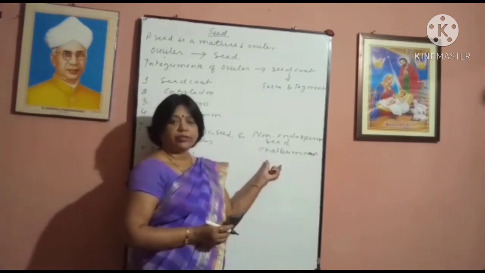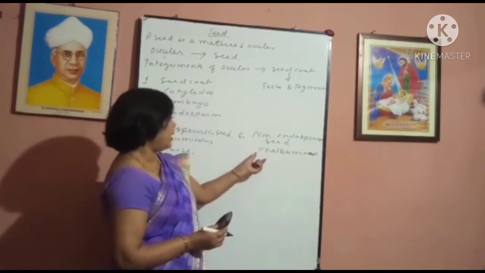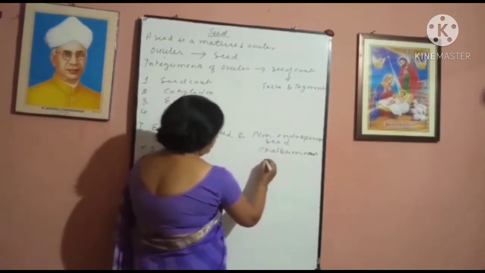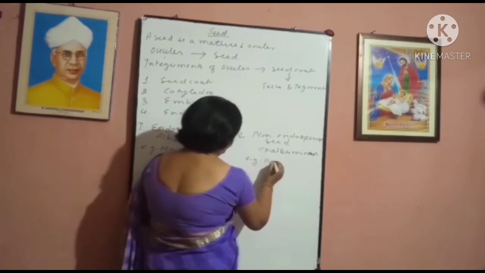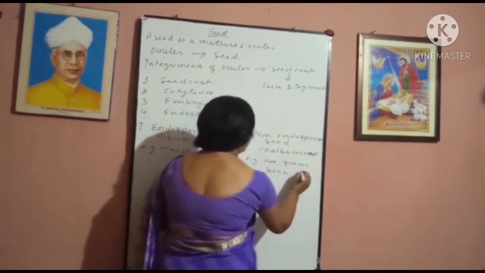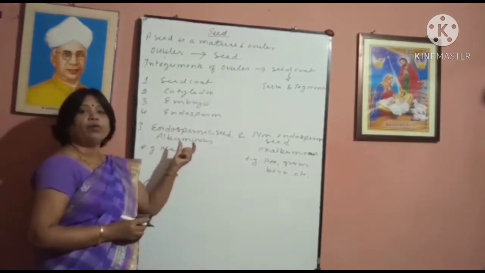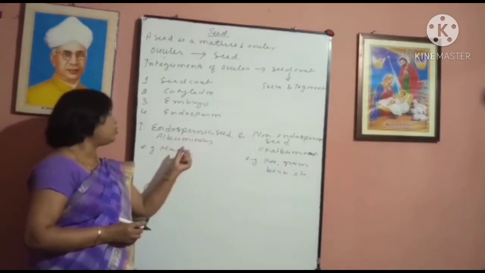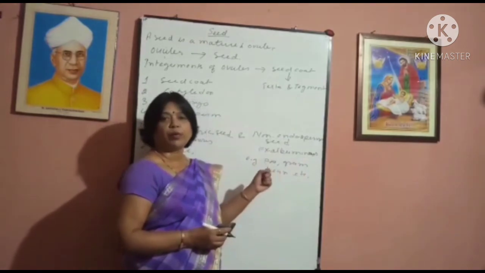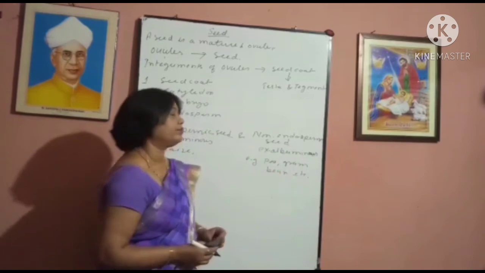Non-endospermic seed, in which endosperm is absent, is known as non-endospermic or ex-albuminous seed, such as pea, gram, bean, etc. In the first seed, food is stored in the endosperm, but in this one, food is not stored in the endosperm but is stored in another part, that is the cotyledon.